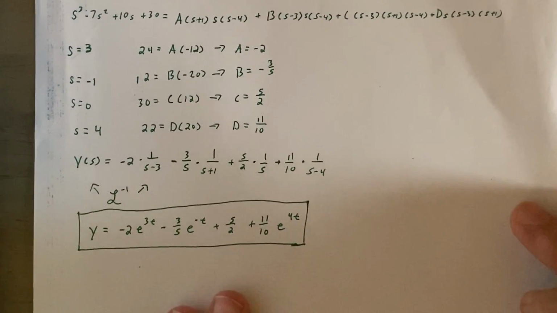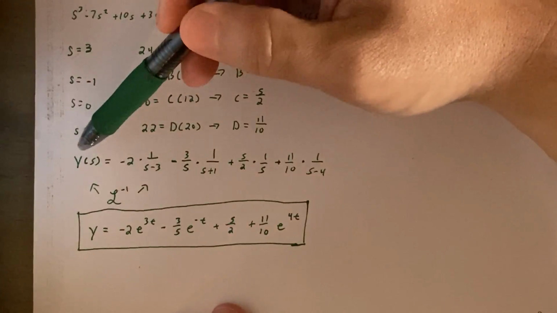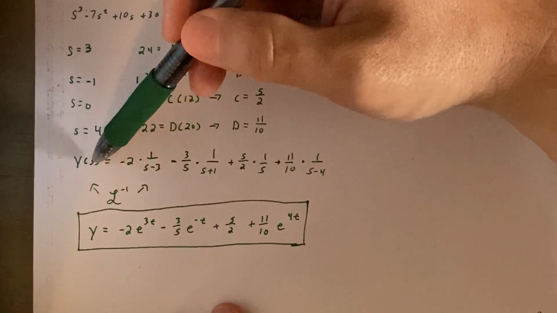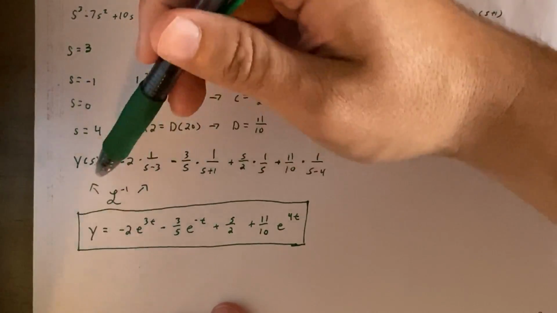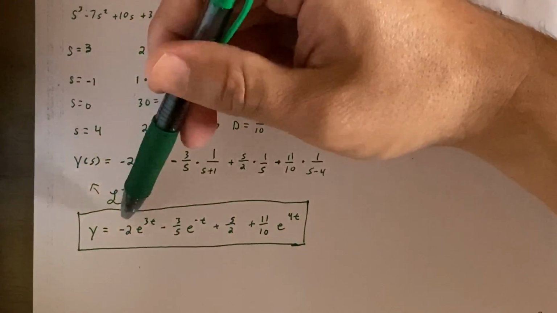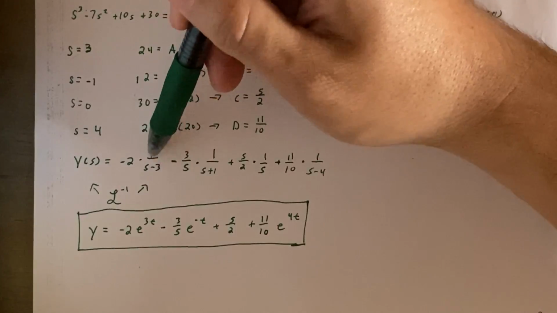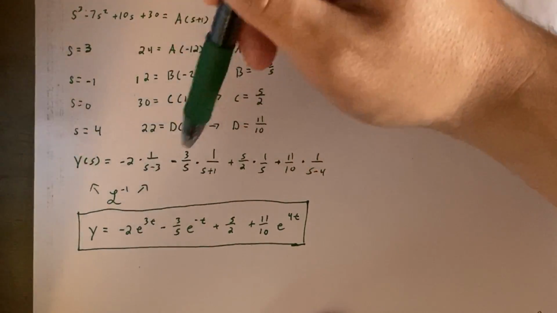And now we do the inverse Laplace transform. When we do the inverse Laplace transform to the left, we just get back to our original. So instead of y of s, it's just y of t. And so I just go ahead and write y here. -2, the inverse Laplace transform of 1 over s minus 3 is going to be e to the 3t.